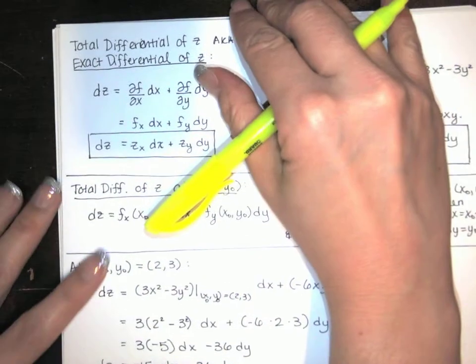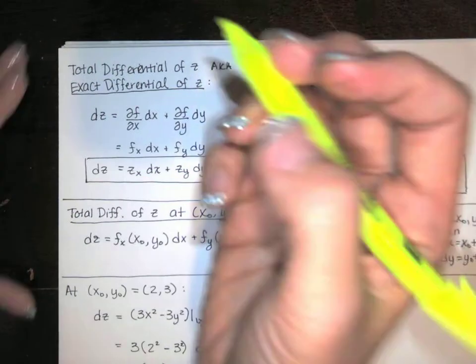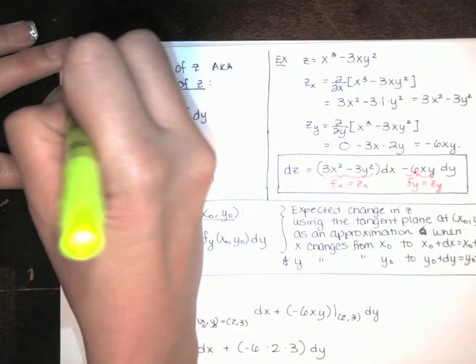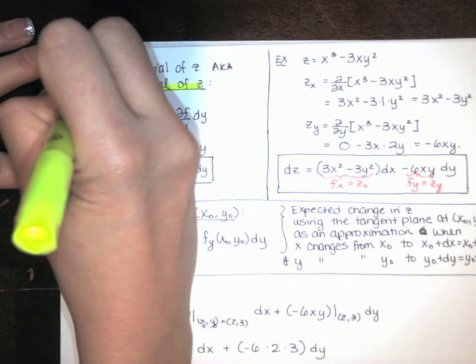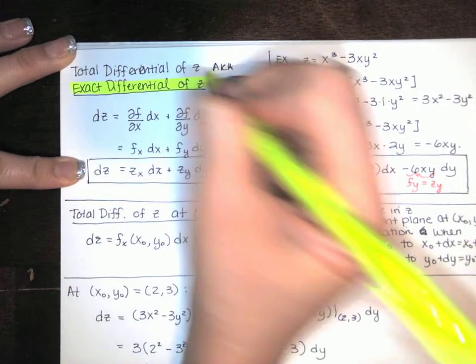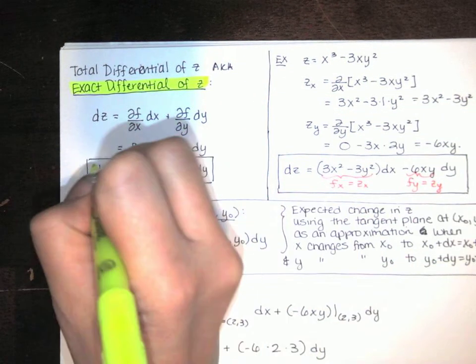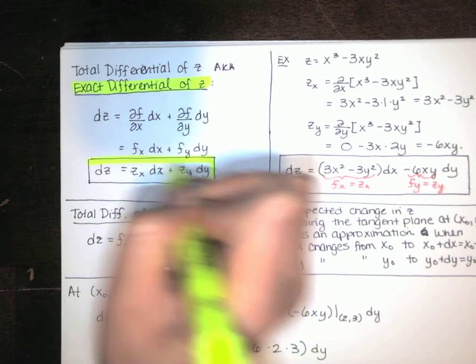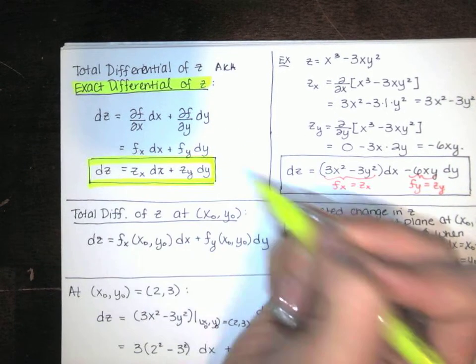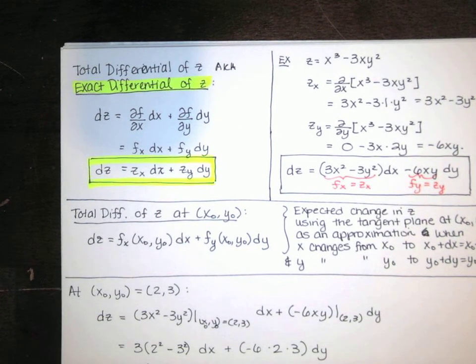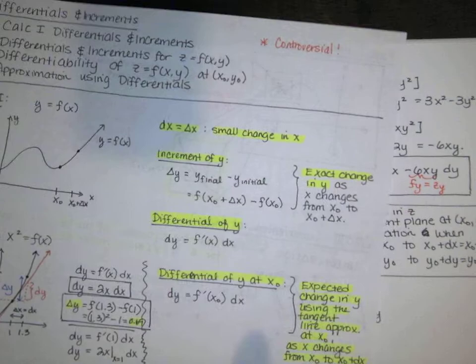Okay. Then we said, okay, what is the exact differential of z? Well, the exact differential of z is this. It's just the partial of z with respect to x times dx plus the partial of z with respect to y times dy. It's just like that differential from Calc 1.